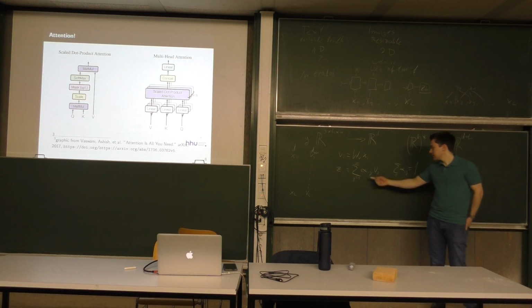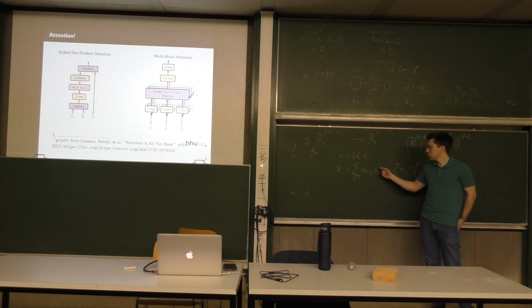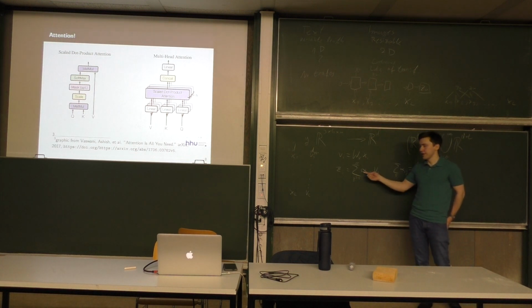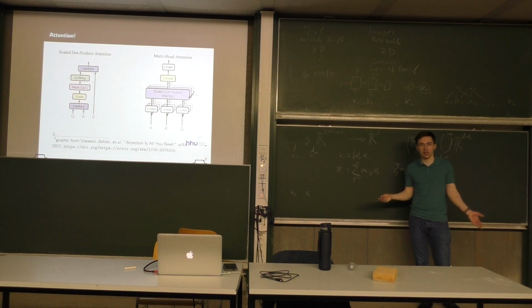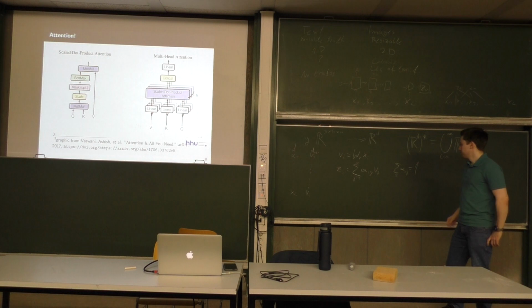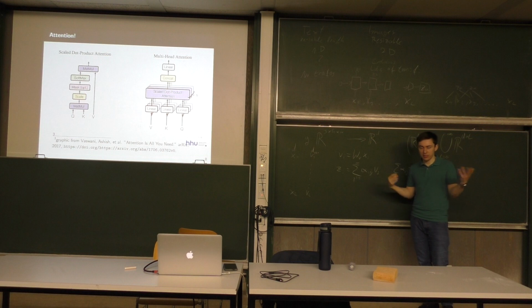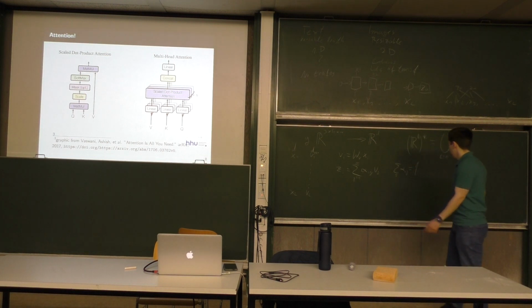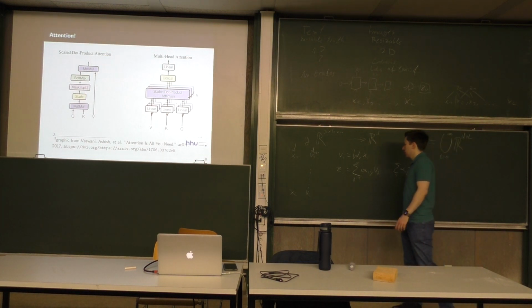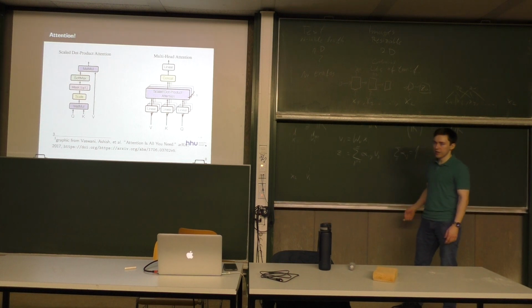So the idea is that for words that are very related to this word, this value should be high, and for other words, this should not be high. So again, there are lots of ways to compute this. Basically, this is a function that takes the xi and xj as input and spits out some number, the attention score. But again, this is usually just done with a linear transformation.